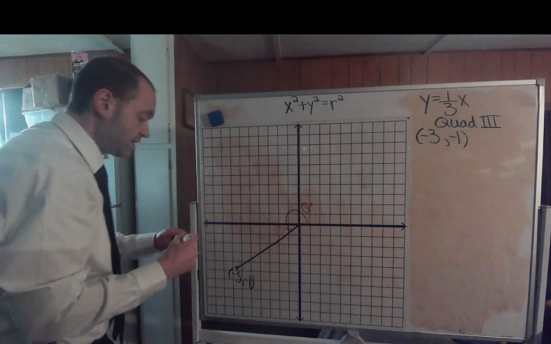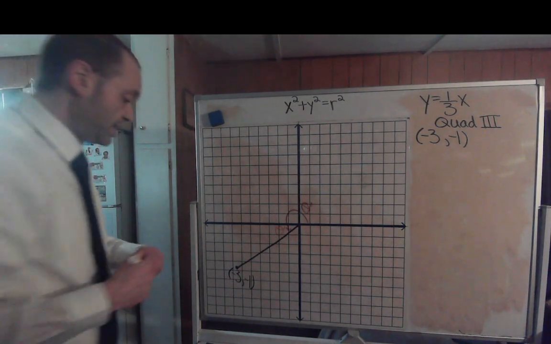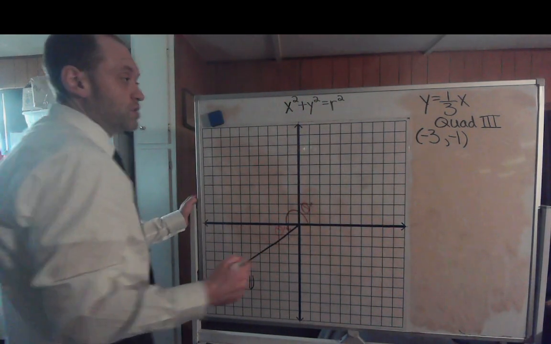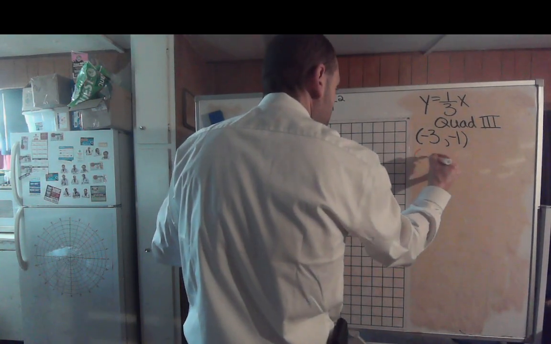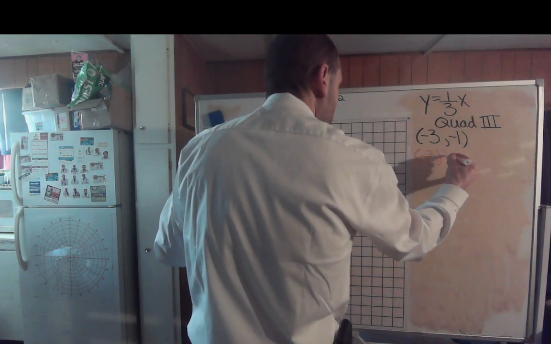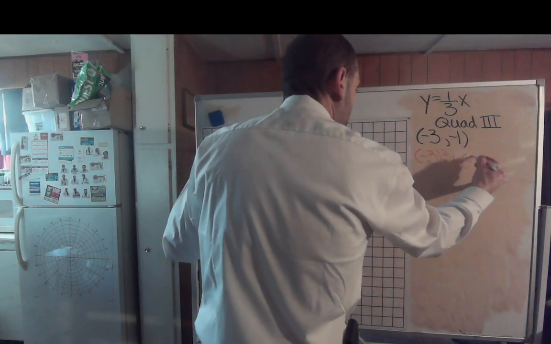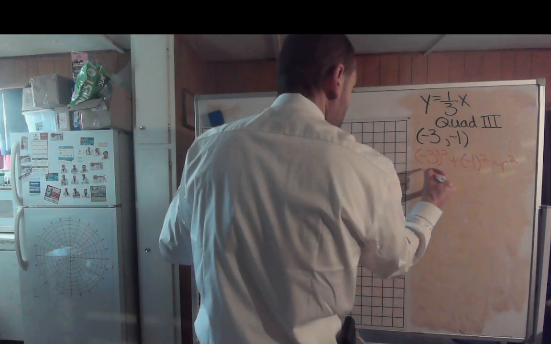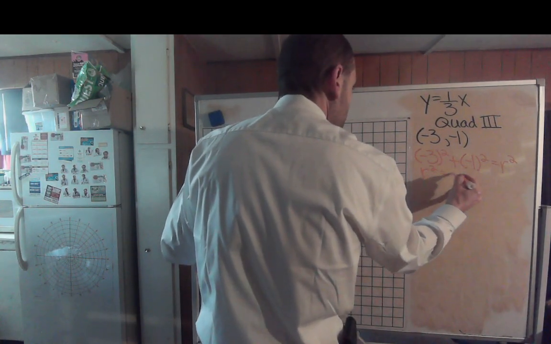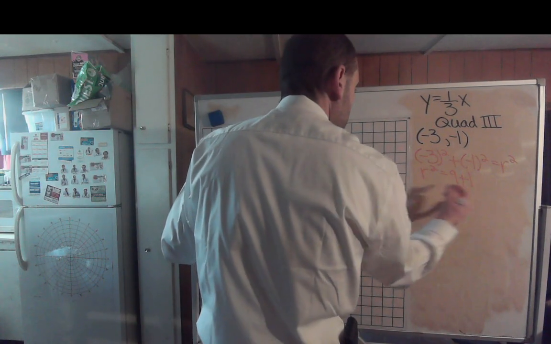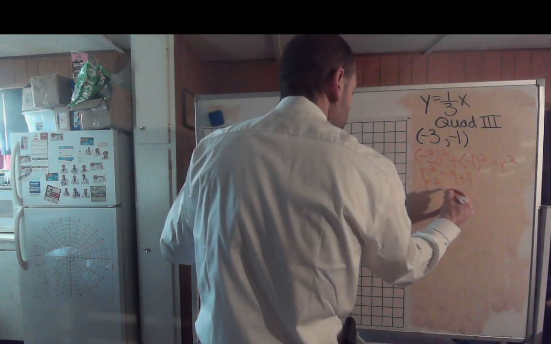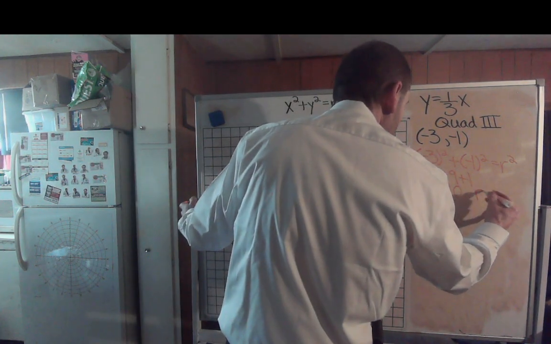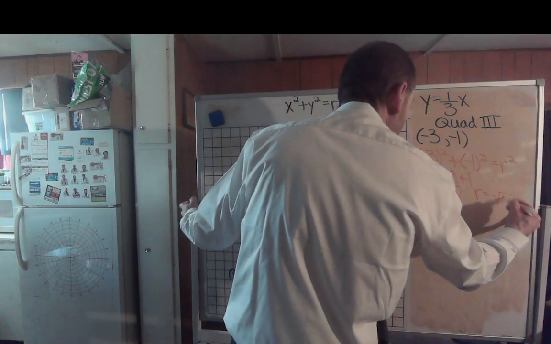All right, next thing, let's solve for the radius. So we'll end up taking then the negative of 3 squared plus the negative of 1 squared, set that equal to r squared. Well, that means that r squared equals 9 plus 1. So r squared equals 10, and the radius is always positive, so we get a radius of the square root of 10.